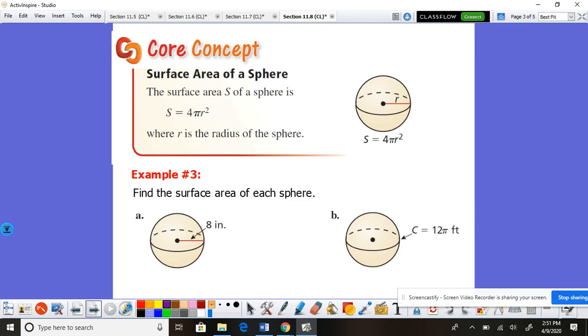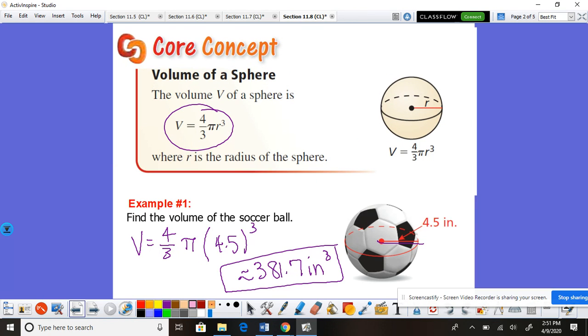All right, next example. Let's talk about surface area a little bit. Same thing, all you need for surface area is just your radius. The surface area is just 4 pi r squared.